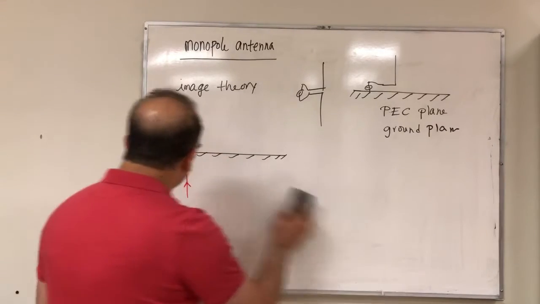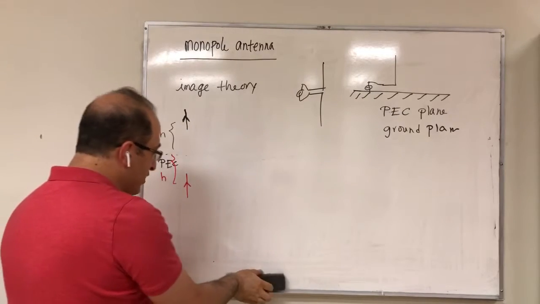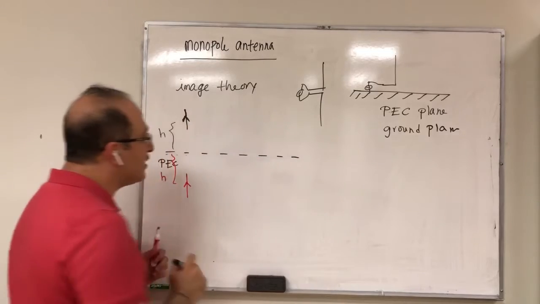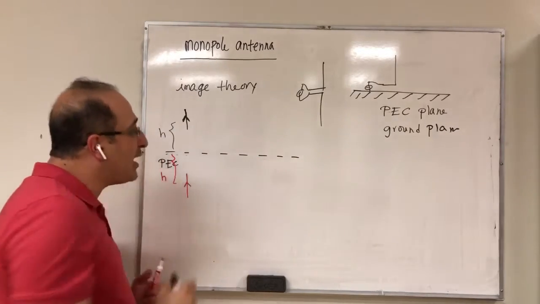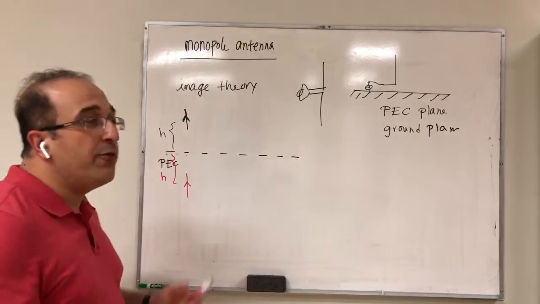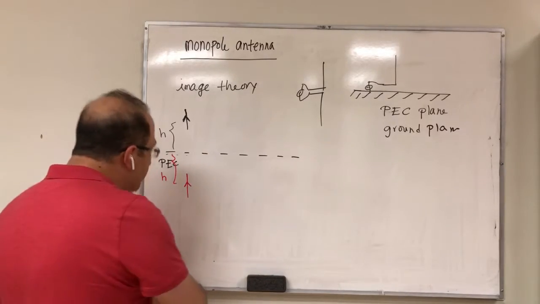Now, you can remove the PEC plane. I'm just going to keep a contour of the PEC plane so that you see the location of the PEC plane. So now this system, which is two antennas, but now it is in free space, there is no PEC anymore, would generate identical radiation above the PEC plane.